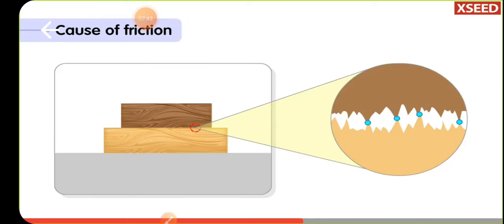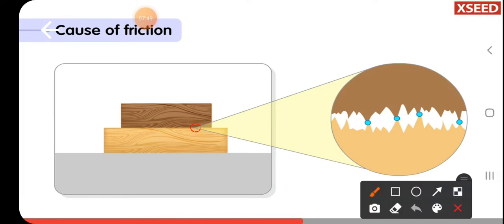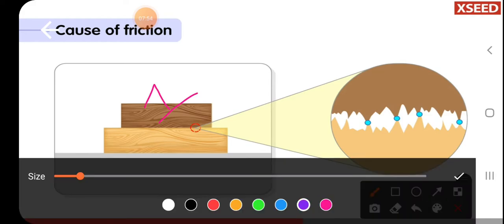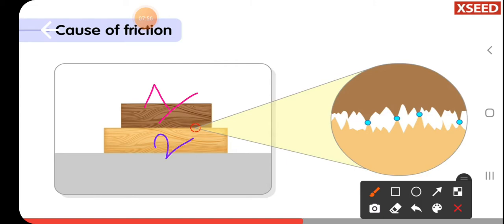Friction always arises due to interlocking between the surfaces of the objects. So here this wooden block is one object and this is one more object. When you observe this picture carefully, even though for our visibility they look like planar surfaces, there are some ups and downs that you can notice here.